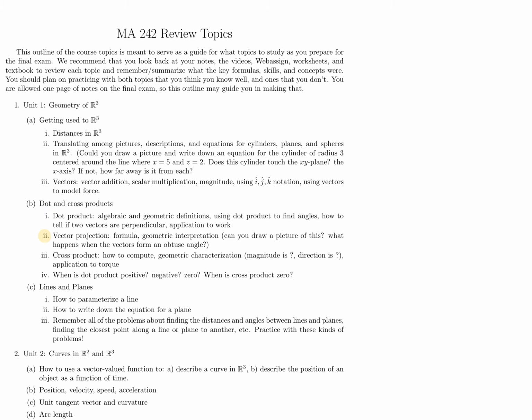Another topic we haven't thought about in a little while is vector projection, which is related to dot product. So if I have two vectors, v and w, what then is the vector that's the projection of v onto w?